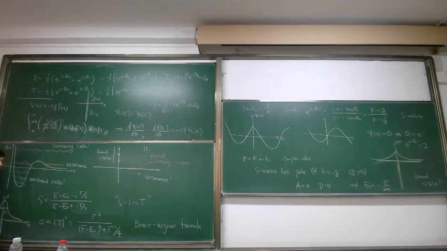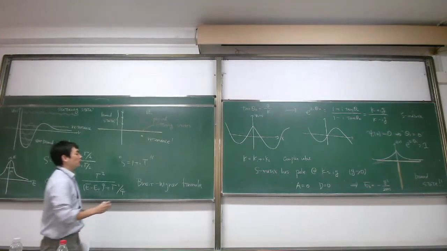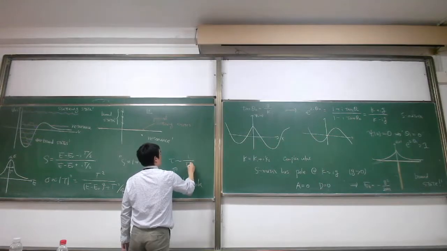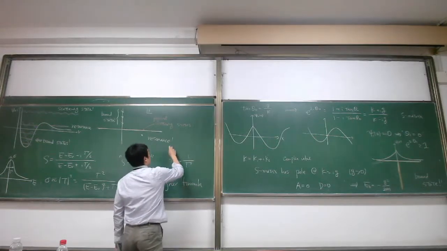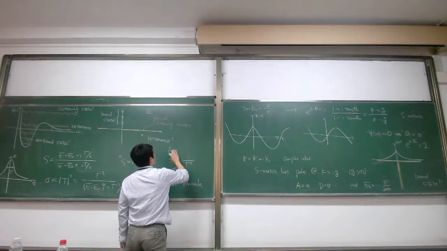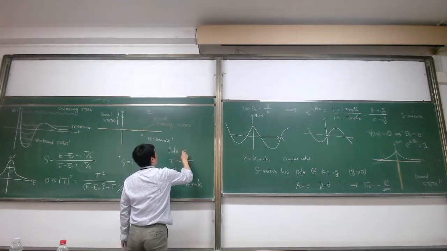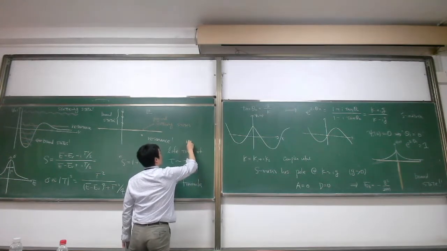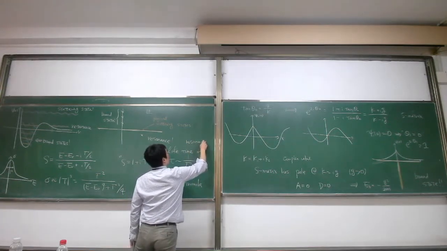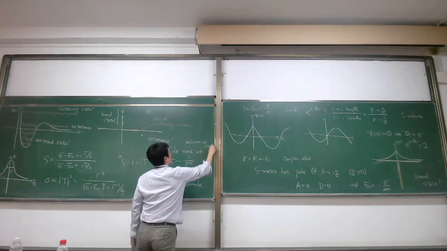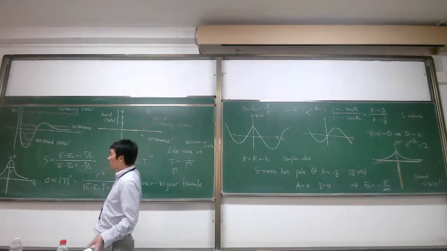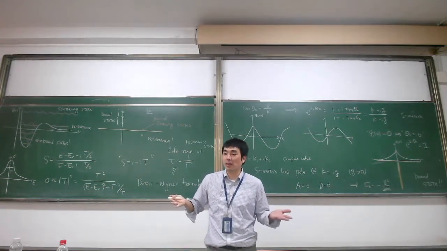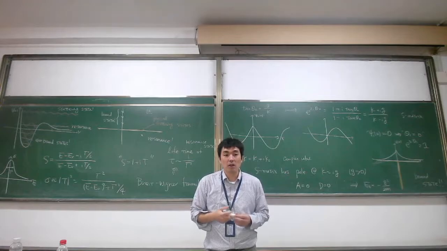This formula tells you that the lifetime of this particle is tau equals 1 over Γ. So this is the lifetime of the resonance state. If you analyze this scattering matrix, one can learn lots of properties of the states and the particle.